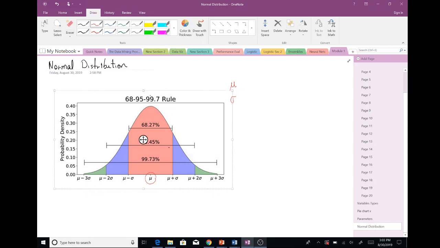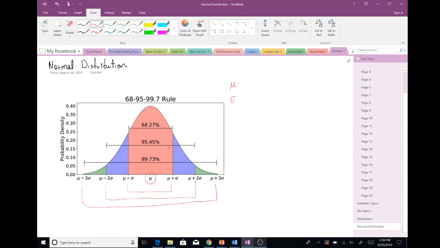You've probably heard a lot about these rules of what percentage of the data falls within certain standard deviations of the mean. For instance, if the process behaves as a normal distribution, then within one standard deviation of the mean we have about 68% of the data, about 95% of the data within two standard deviations, and about 99.7% of the data within three standard deviations.